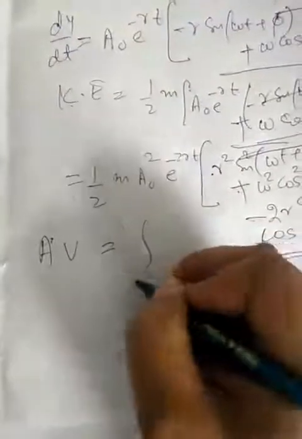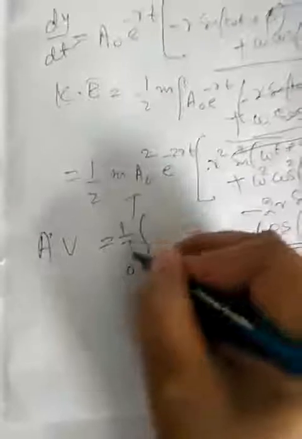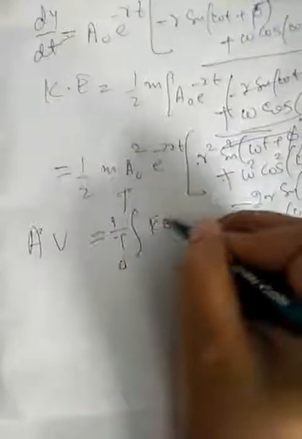And then we can find the average value. The average value can be found by integration from 0 to t of 1 by t times kinetic energy into dt.